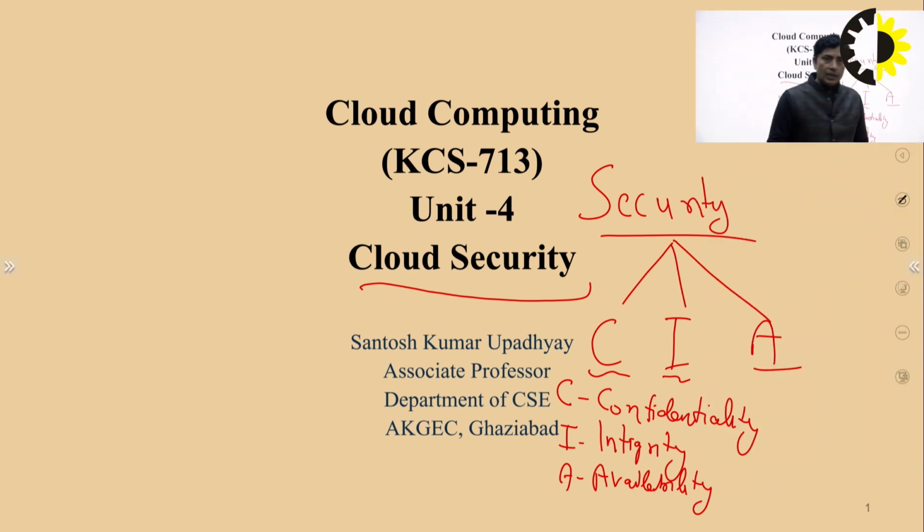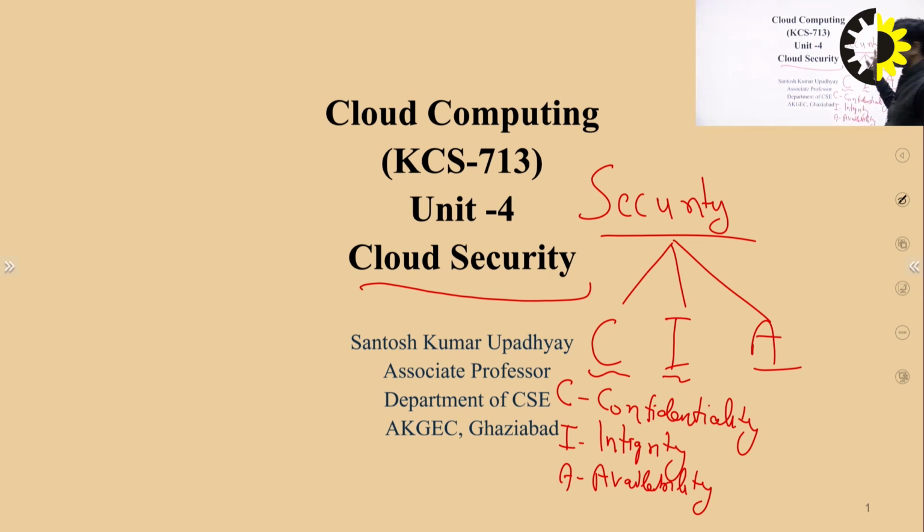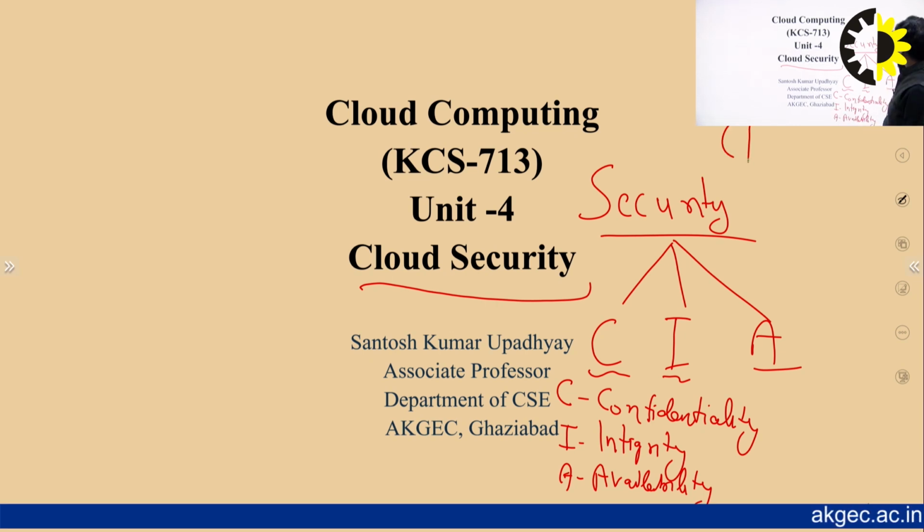So these three things are commonly known as computer security: confidentiality, integrity, and availability. Sometimes confidentiality is also known as privacy. That means the data is confidential.